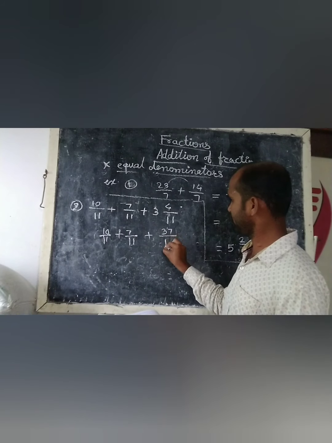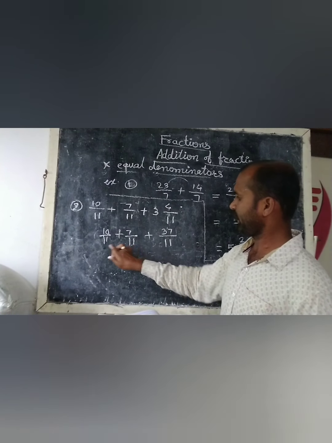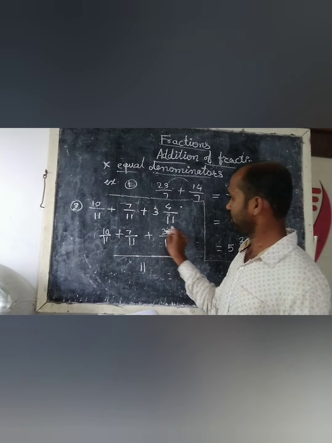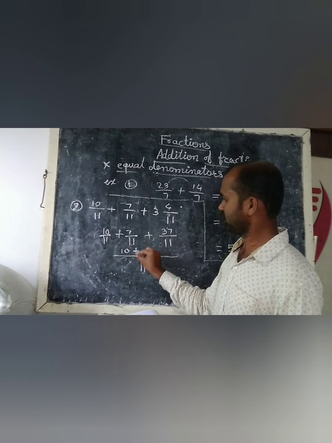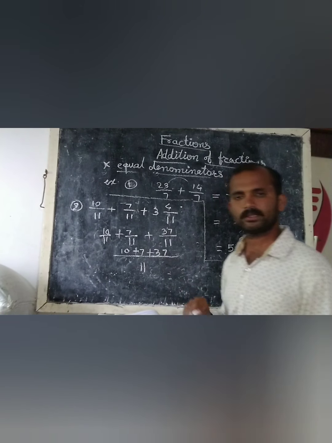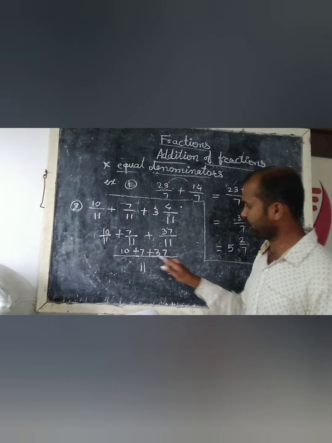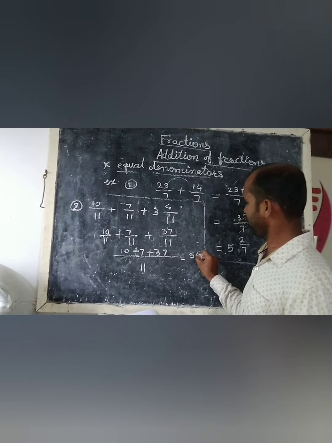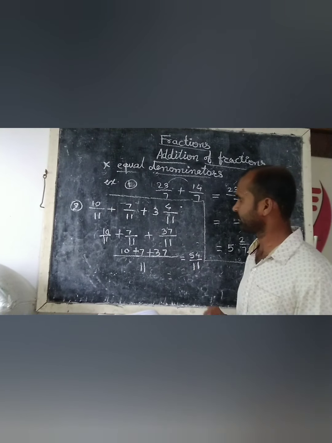37 upon 11. Now take one common denominator and add the numerators: 10 plus 7 plus 37. 37 plus 7 is 44, and 44 plus 10 is 54 upon 11.